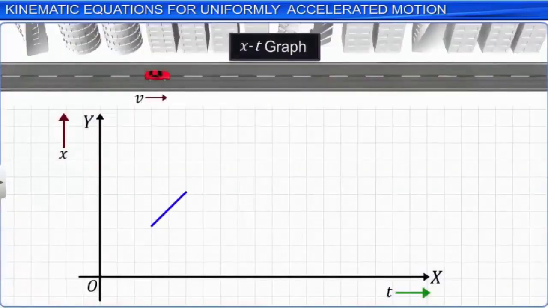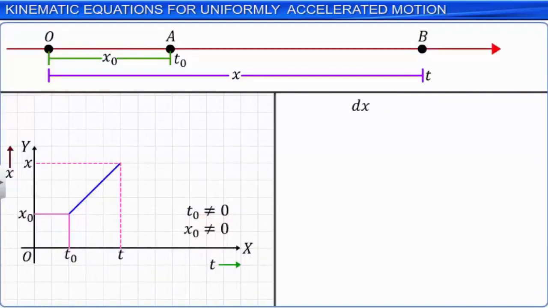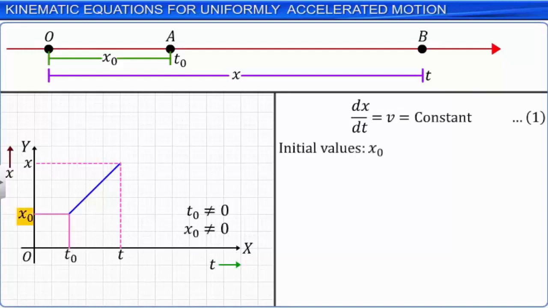Observe the xt graph. T0 is not equal to 0, and x0 is also not equal to 0. dx by dt is equal to v, which is a constant. Initial values are x naught, t naught. Final values are x, t. Cross-multiplying equation 1, we get dx is equal to v into dt.